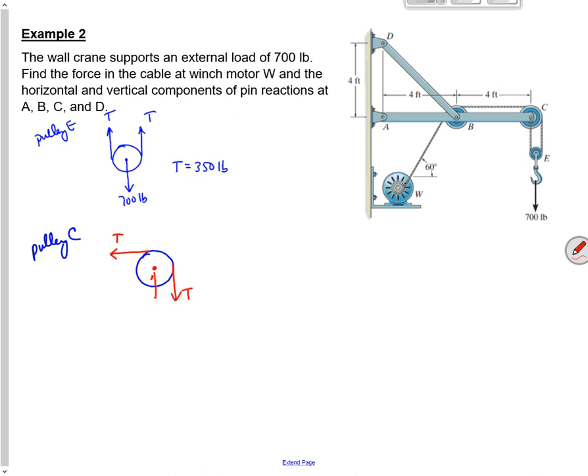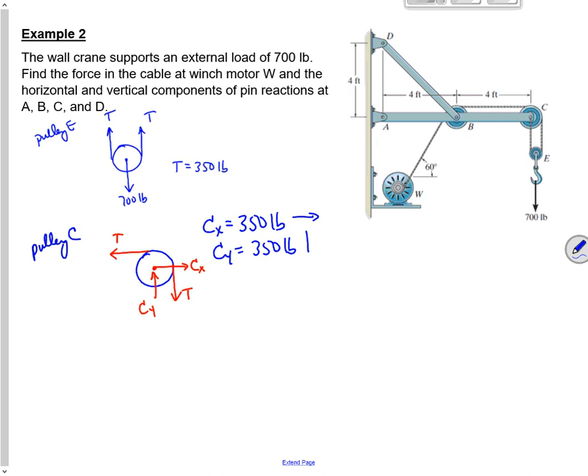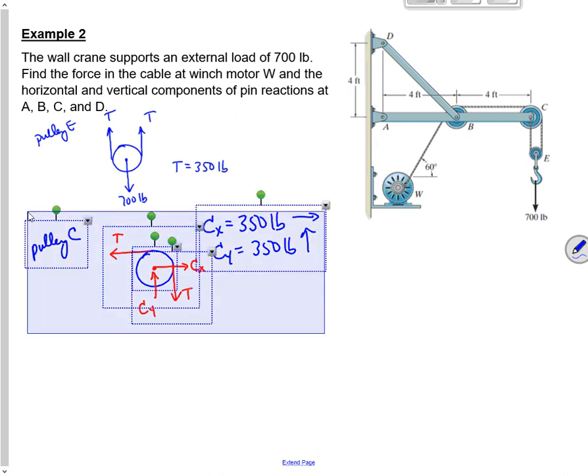So I'm going to have a CY and CX. And each of those pin reactions is going to be 350 pounds. Kind of obvious. So CX is equal to 350 pounds, and CY is equal to 350 pounds. Let's put arrows. This one's to the right and this one's up. That's nice. I like that.